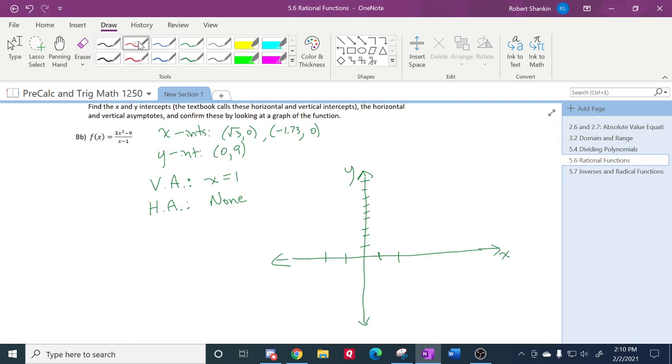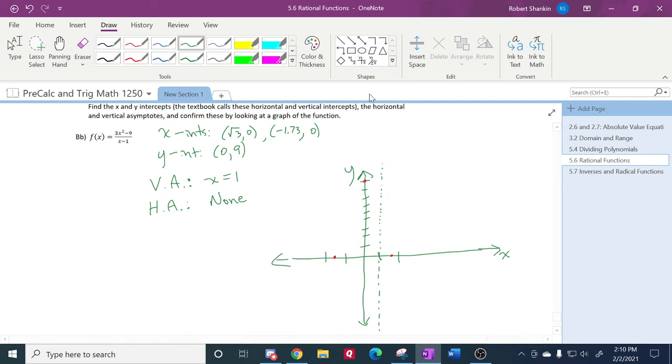Okay, and then if I'm making my sketch, 1.73 somewhere around here, negative 1.73 somewhere around here. Okay, and my vertical asymptote is at x equal 1. And if you do it with a computer or a graphing calculator, it won't show you that dotted line, but we put it in.